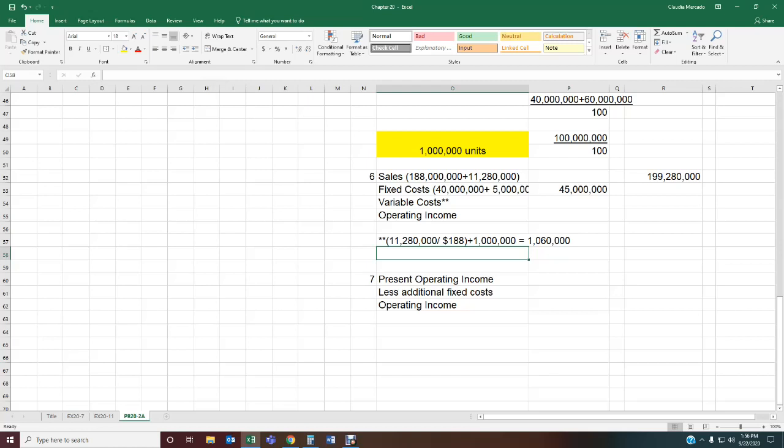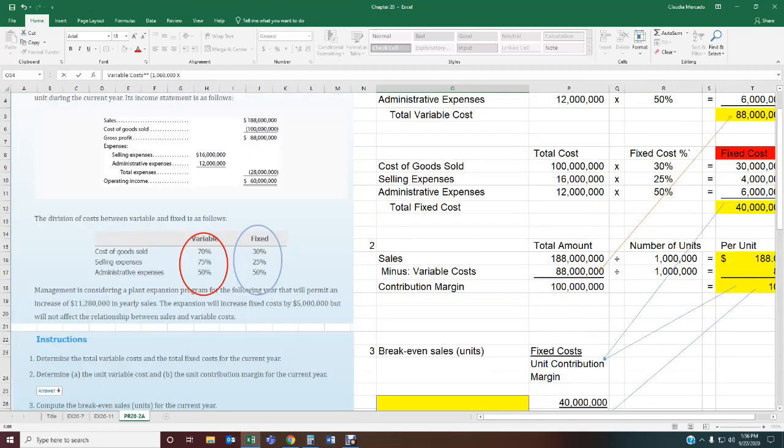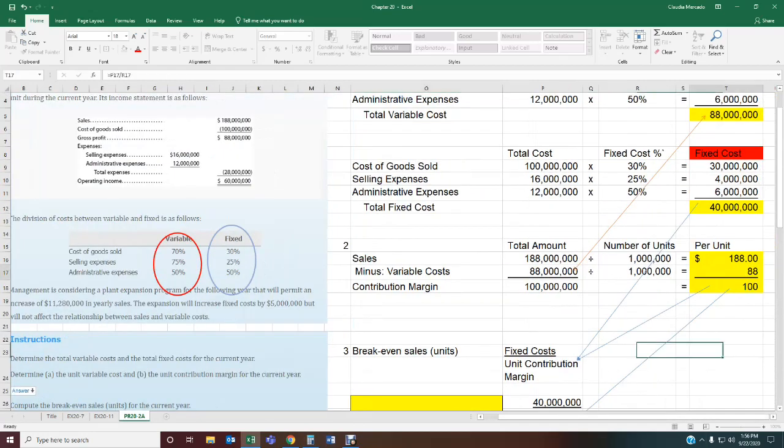Now that I know that, I'm going to take my 1,060,000 times my variable cost per unit, which was calculated over here, the 88.